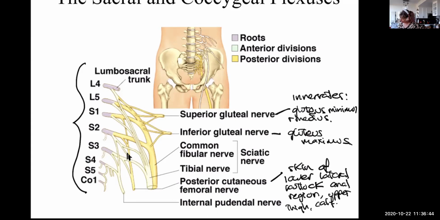In males, the scrotum, and in females, the labia majora. So remember the areas that are supplied by the various plexuses, and also that these are sensory and motor nerves.